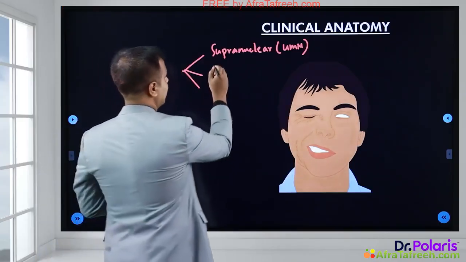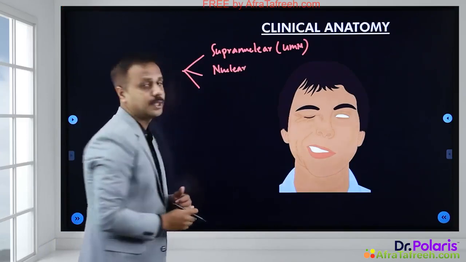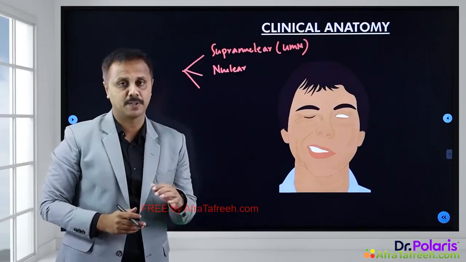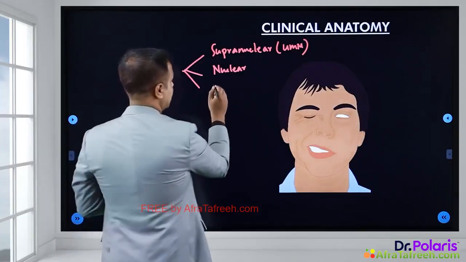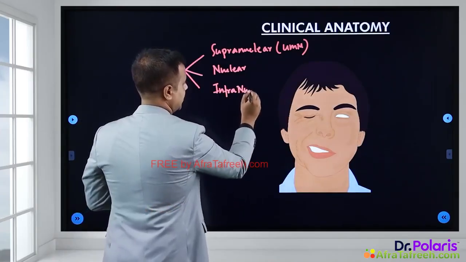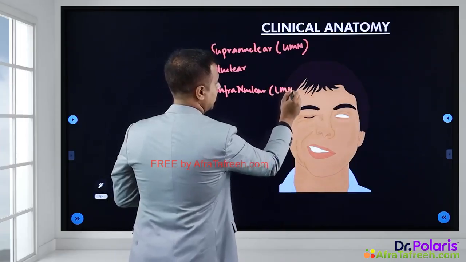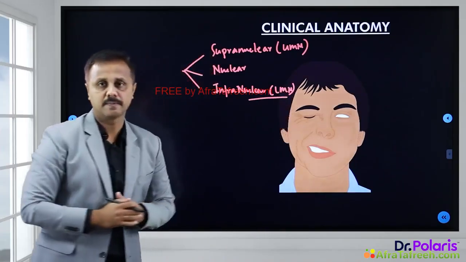Right? Then we have nuclear lesions, which are characterized by injury to the pons, where we have the facial nerve nucleus. And then we have something referred to as infranuclear lesions. And these are typically the lower motor neuron lesions of the facial nerve.